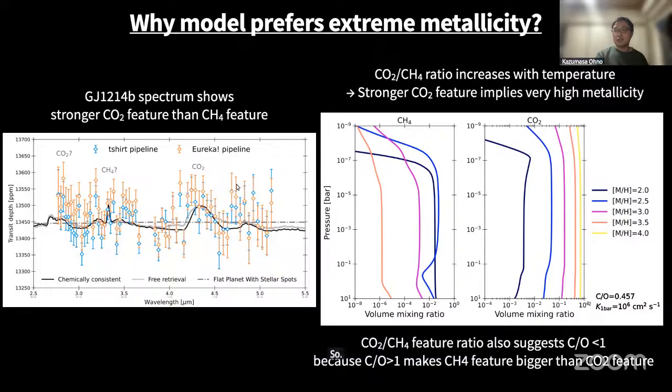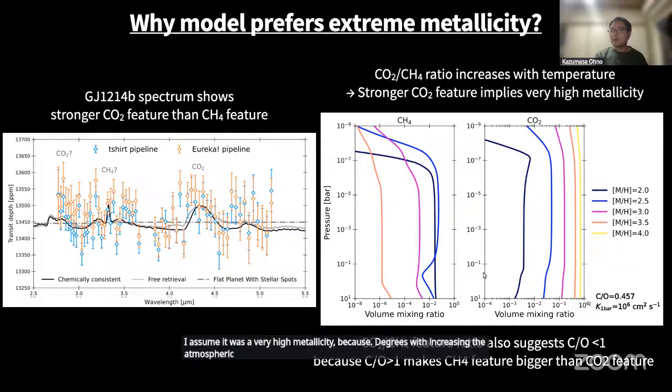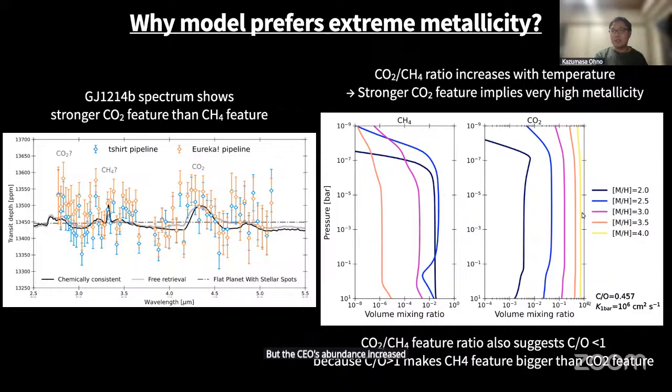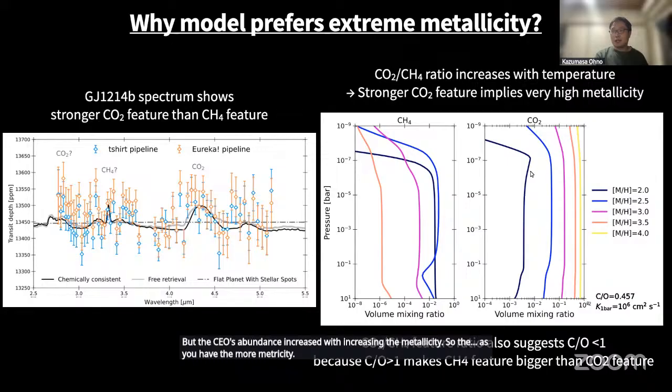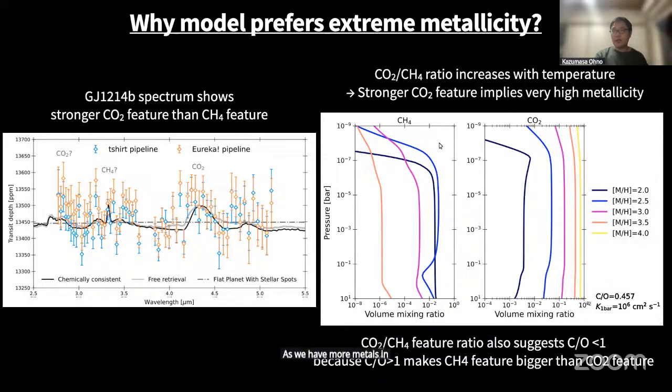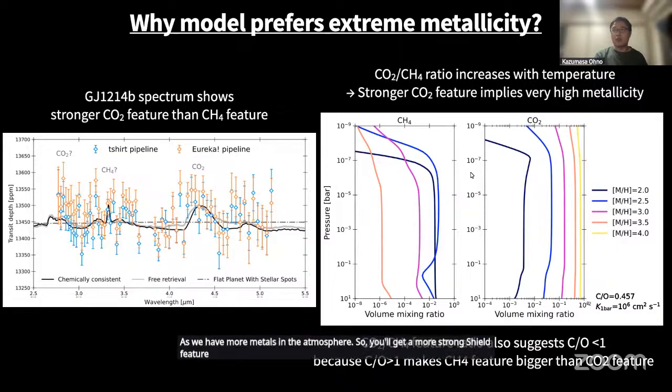So to make the CO2 feature bigger than the methane feature, basically we need to assume a very high metallicity, because the methane abundance decreases with increasing atmospheric metallicity, but the CO2 abundance increases with increasing metallicity. So as you have more metals in the atmosphere, you get a stronger CO2 feature compared to the methane feature.